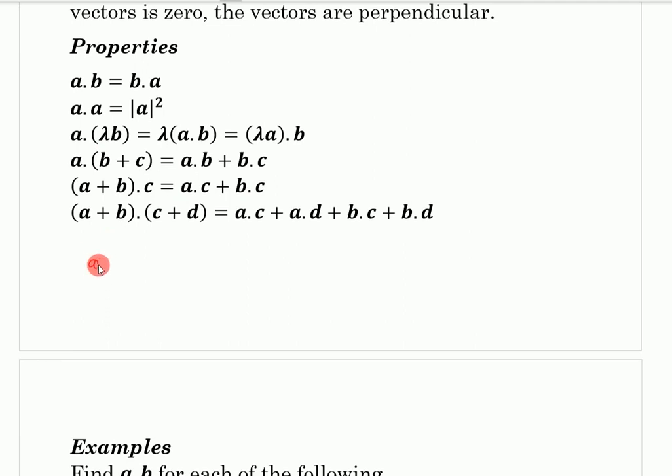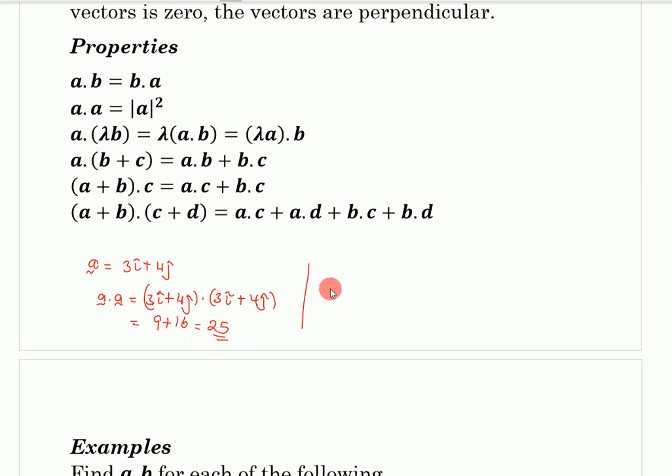Let me have vector A equal to 3i plus 4j. A dot A is the same as 3i plus 4j dotted with 3i plus 4j. This gives 3 times 3, which is 9, plus 4 times 4, which is 16, getting us 25.